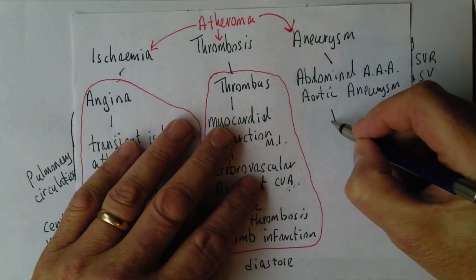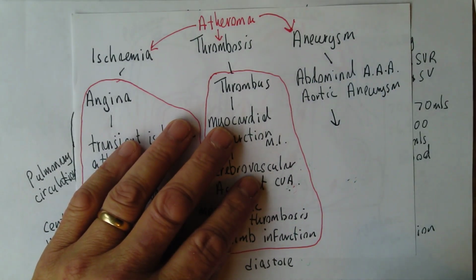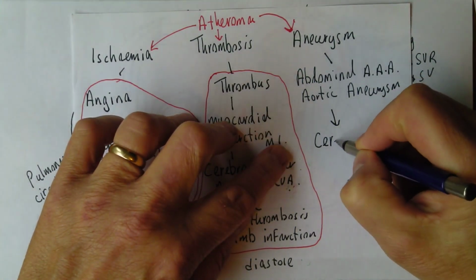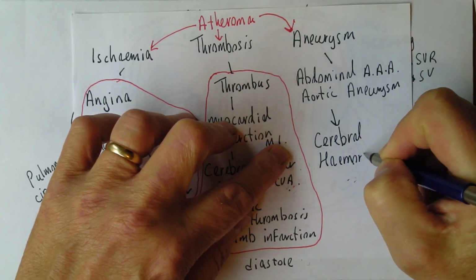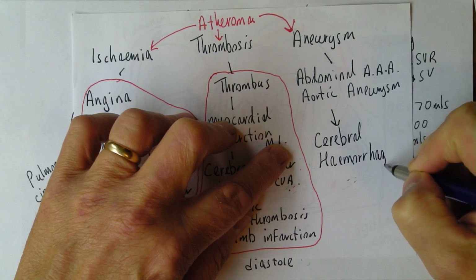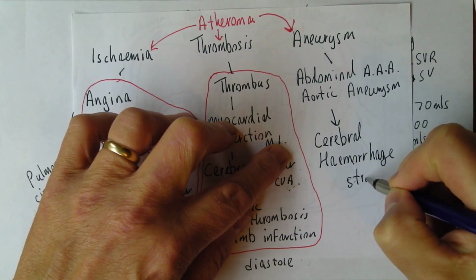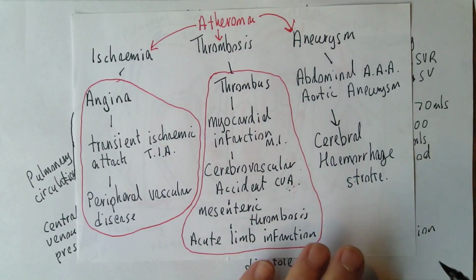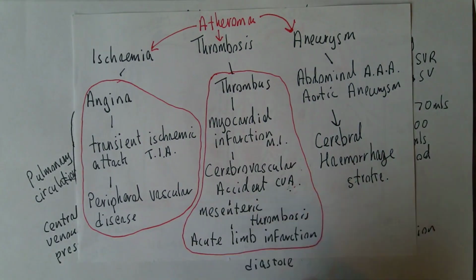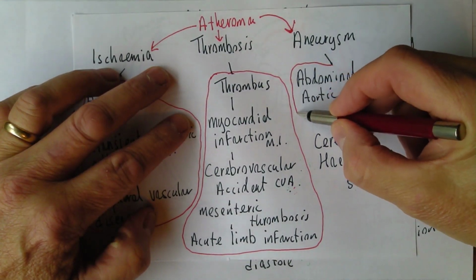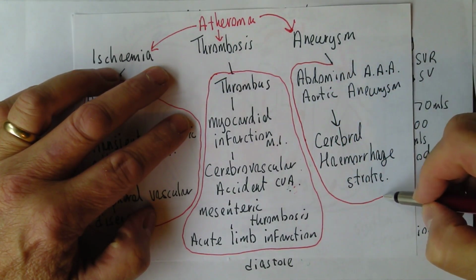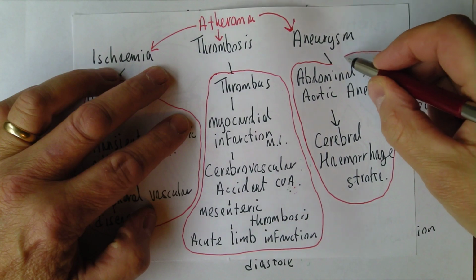An aneurysm can also cause a cerebral hemorrhage, causing stroke. Of course, if you're watching in the States, you don't have an A. In the UK, we have an A for haemorrhage. So we can see that aneurysm, a weakness in the wall of the blood vessel, is also a complication of atheroma, but can cause another set of pathologies.